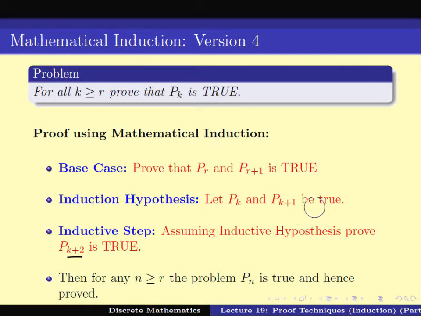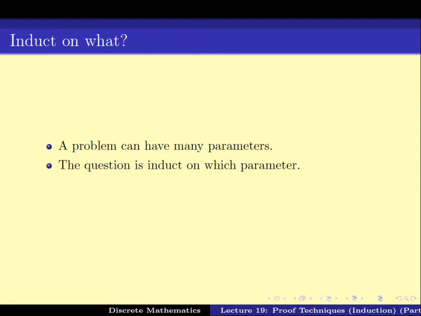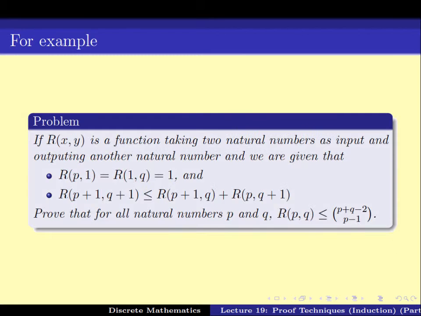But sometimes we might have problems where there are multiple variables, so there can be multiple parameters. In that case, which parameter do you induct on? In fact, can you induct on multiple parameters at the same time? So let's look at an example.